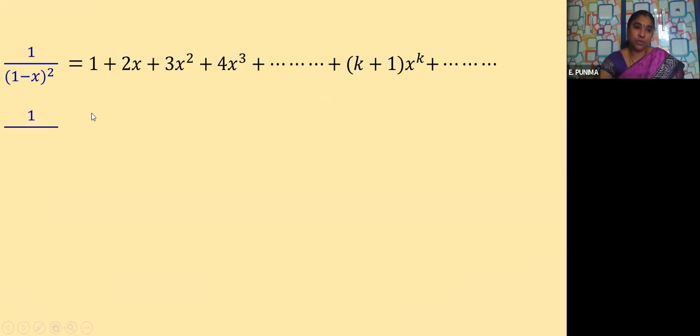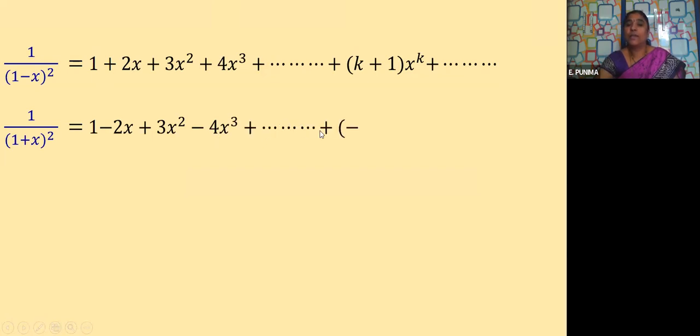Now the next expansion is what, children? 1 by (1 plus x) whole square is equal to 1 minus 2x plus 3x square minus 4x cube plus so on, plus (minus 1) to the power of k into (k plus 1) into x to the power of k plus so on. Again here, why am I using minus 1 to the power of k?